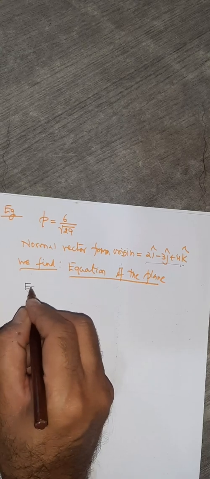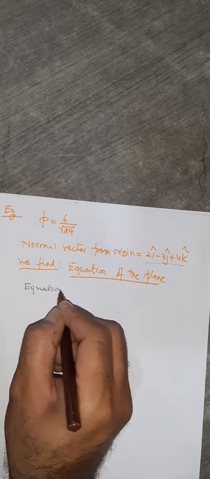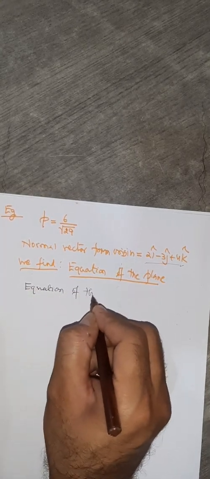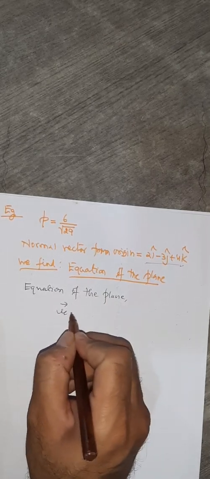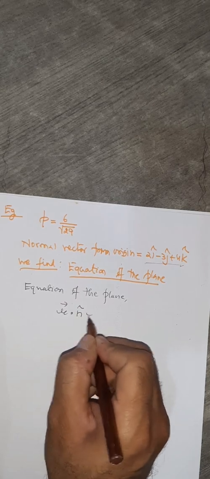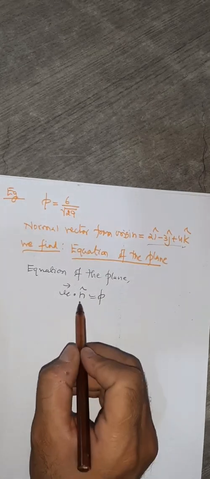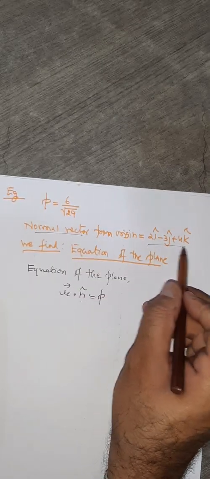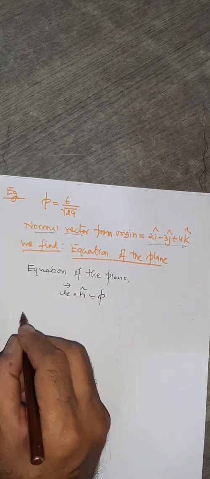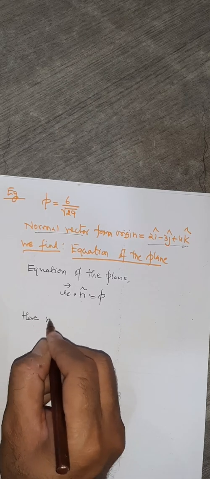The equation of the plane in the vector form, if you recall, is vector r dot n cap equals to small p. Now this should be unit. Here you are given just a normal vector, so you need to make this unit, so you'll get the n cap. So here what is n cap?